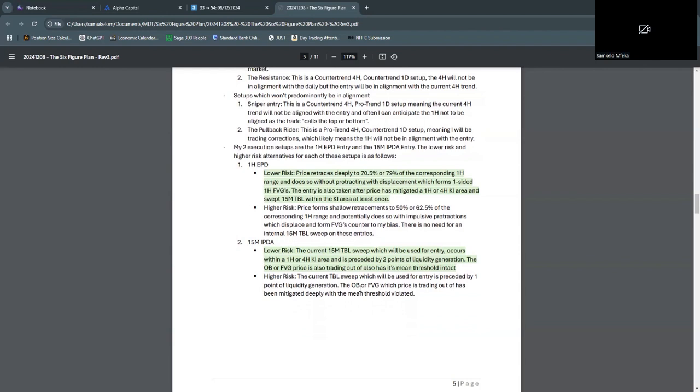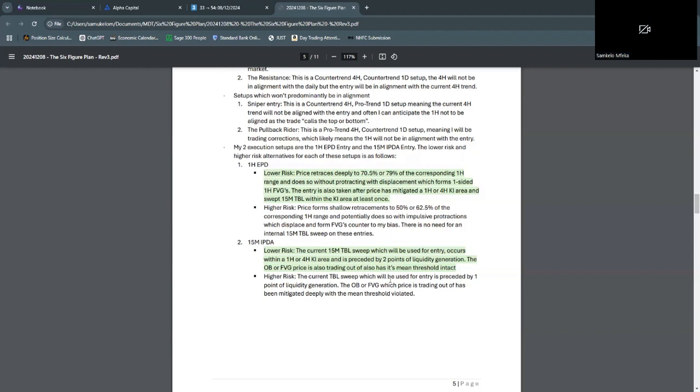And for my IPTA entries, a low risk alternative entails the current 15-minute time-based liquidity sweep, which will be used for entry, occurs within a 1 hour, 4 hour key indicator area and is preceded by 2 points of liquidity generation. That stayed the same. And the order block or fair value gap price is trading out of also has its mean threshold intact. That's also remained the same.